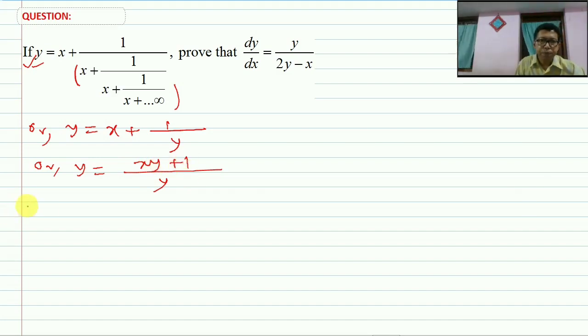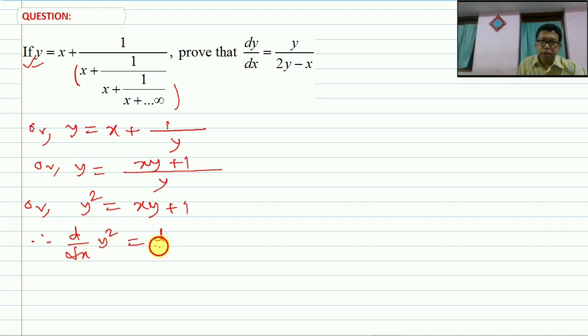Cross multiply: y squared is equal to xy plus 1. Differentiate: d/dx of y squared is equal to d/dx of (xy plus 1).